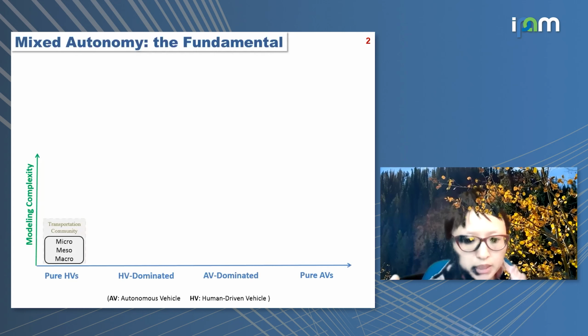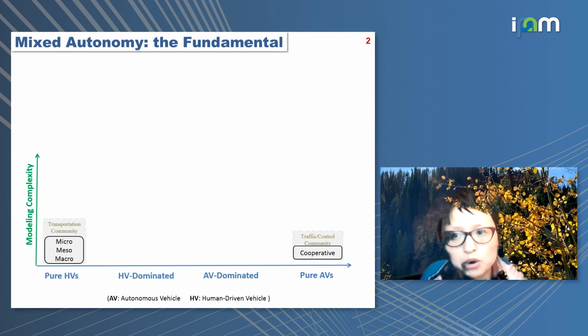Micro is when we model individual cars' movement, and macro is when, instead of modeling discrete cars, we model a continuum flow. I think in the tutorial week, both Dan and Ben have introduced some of the models, and the mesoscopic is more focused on modeling the queuing and also the queue length behavior.